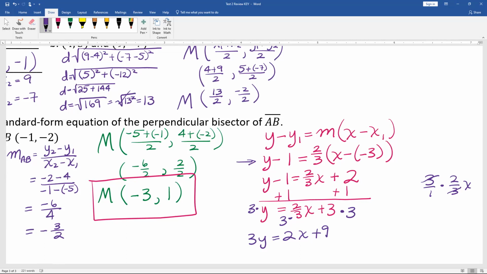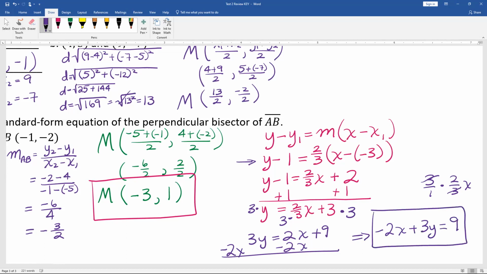The problem is you're not going to have the correct A, B, and C in standard form, because you wouldn't know that 3 is your B. Once we do this, we subtract the 2x from both sides, so we end up with -2x plus 3y equals 9. And that is our standard form.